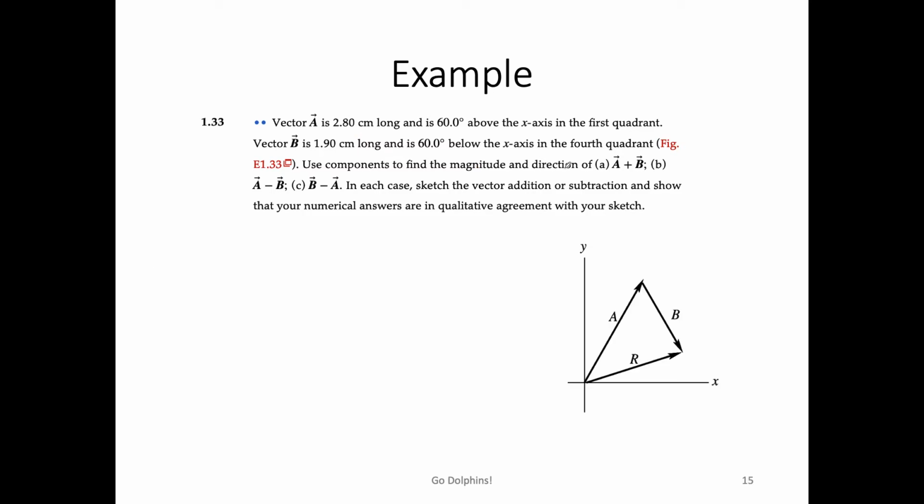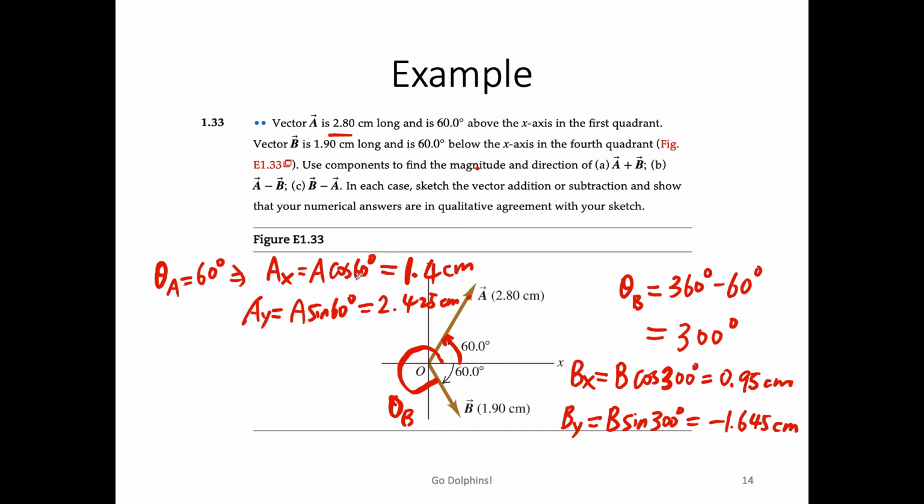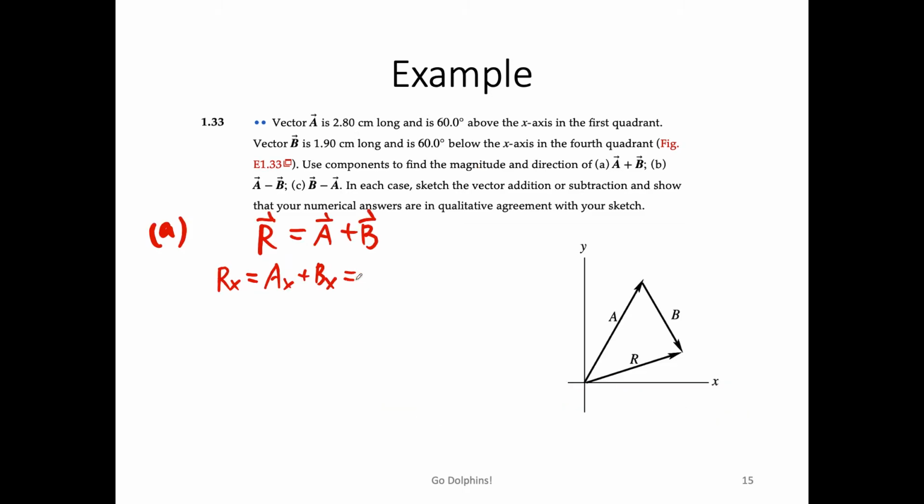Of course, we still first need to find the components of A plus B. So let's call this part A. Let's call R equals A plus B. So Rx equals AX plus BX, using what we found in the previous slides. AX is 1.4, BX is 0.95. You add those two together.